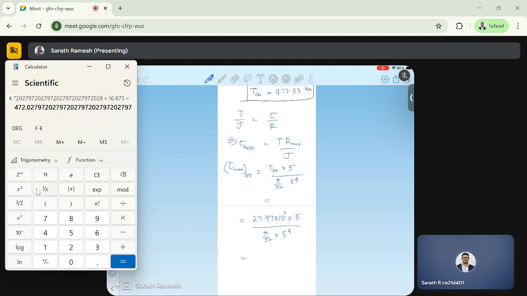So this will give 27.97 times 1000 times 5 times 32 divided by pi times 5 power 4. Okay, so 2279.2 megapascal. Quite high.